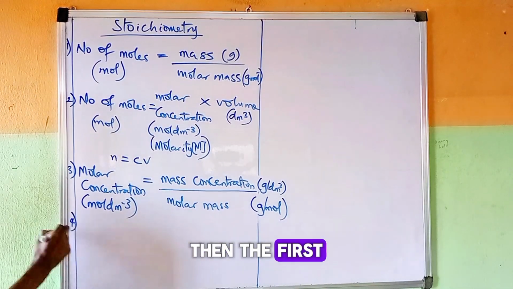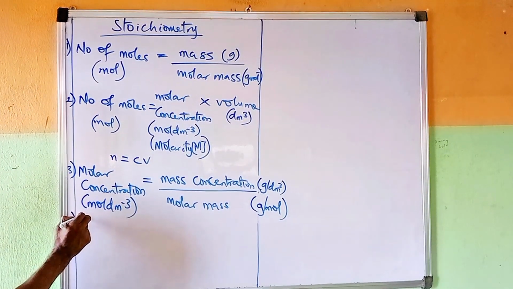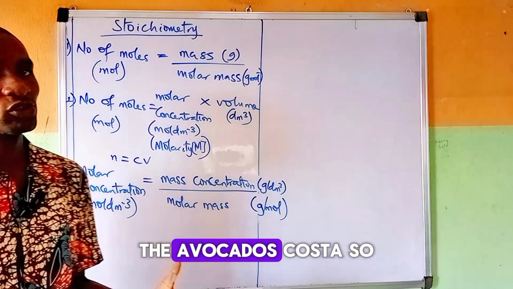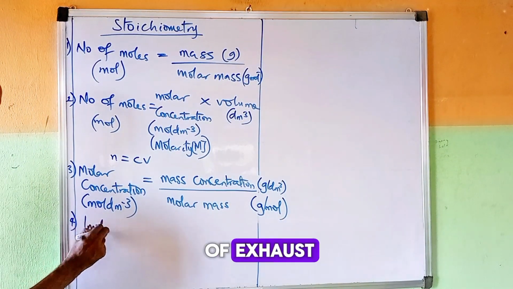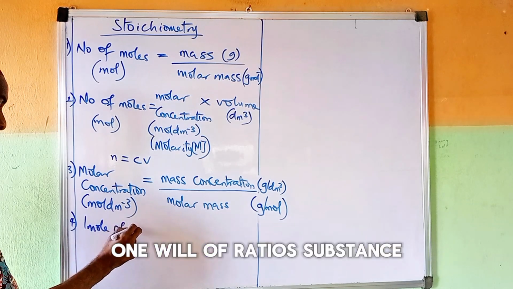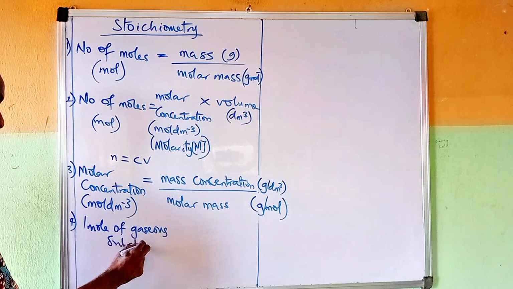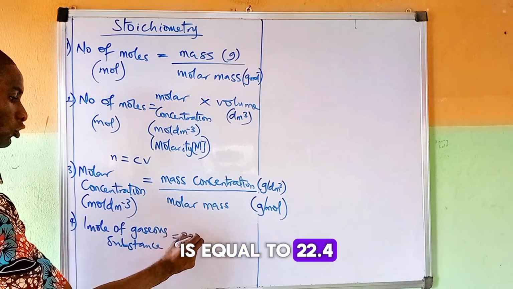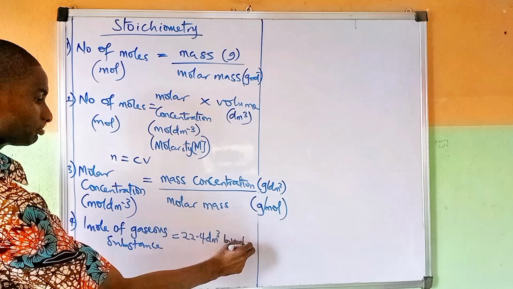Then the fourth formula I'll be giving is the Avogadro's constant. 1 mole of a gaseous substance is equal to 22.4 dm³ by volume.